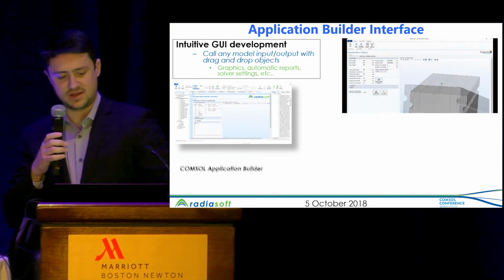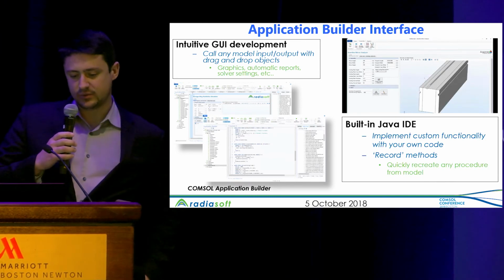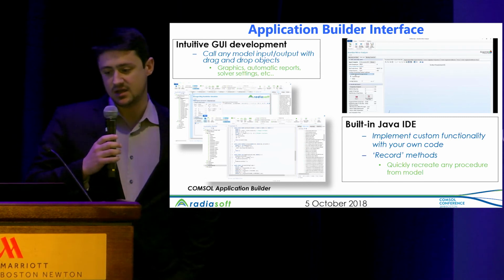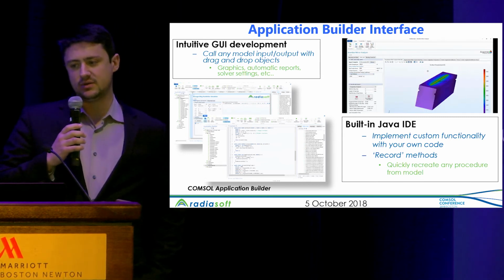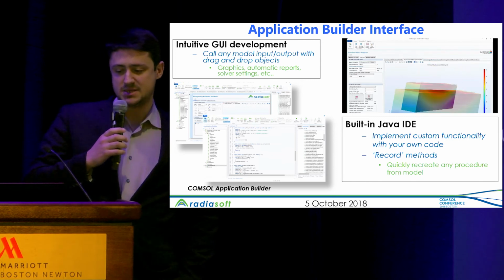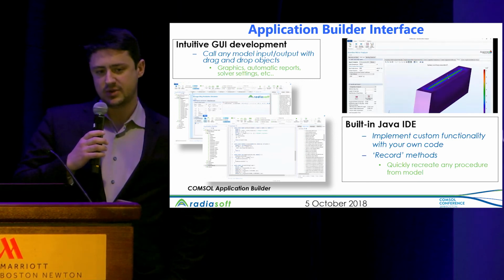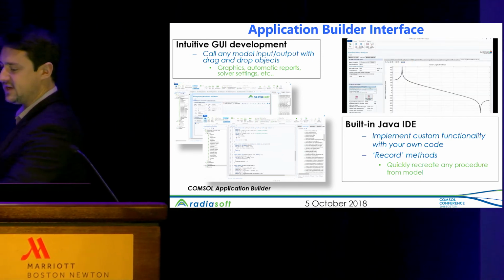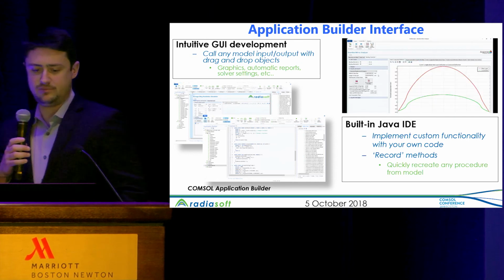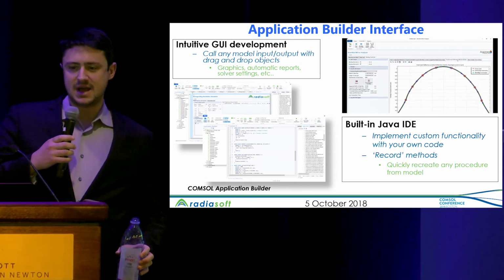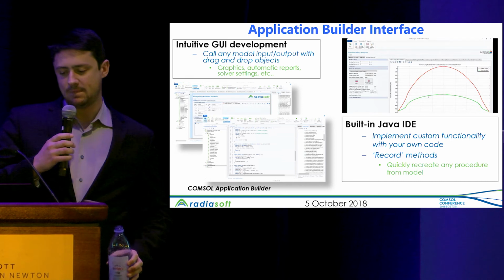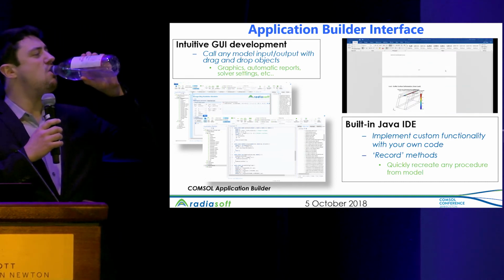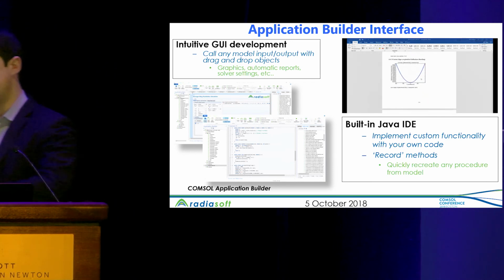If you want to add a level of sophistication that's often required, they have a built-in Java development environment. I use that very often, not only in creating the underlying models and implementing my own algorithms, but actually creating the GUIs themselves. COMSOL has a very extensive API, but they make it easy to access by recording methods.